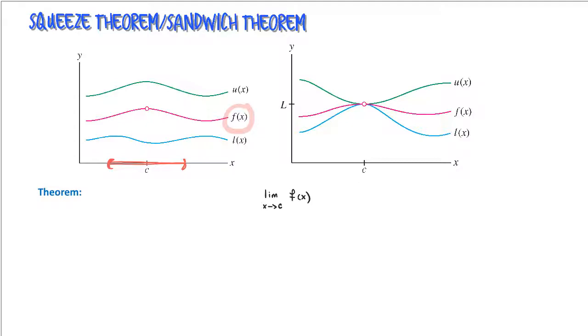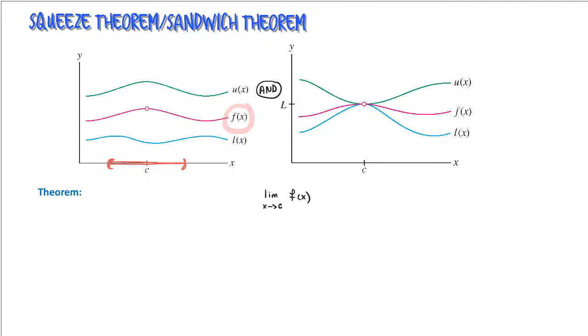Now, in addition to that, just being trapped is not enough. There is something else here. We also have to have a squeezing effect. In other words, f of x not only has to be trapped by u and L, but it has to be squeezed between these two graphs.